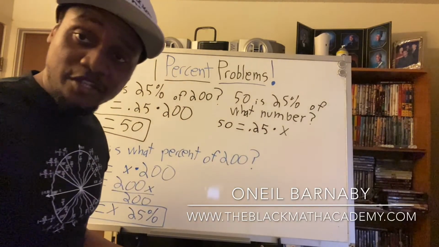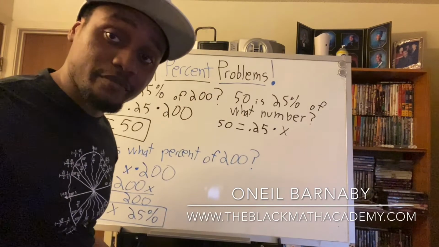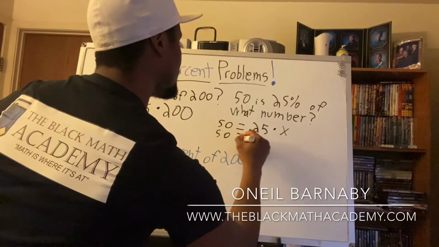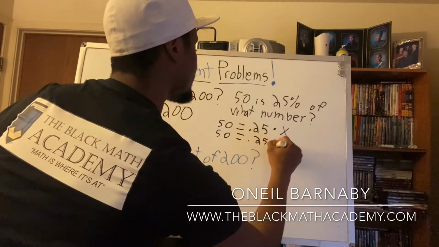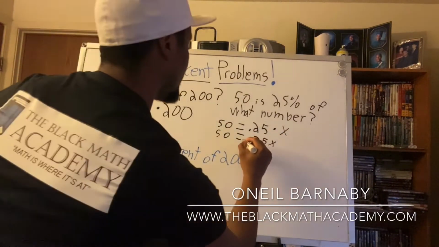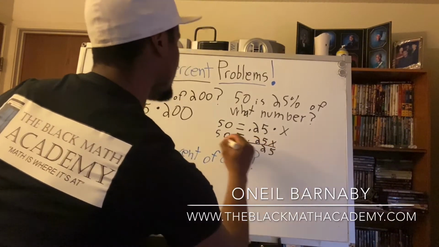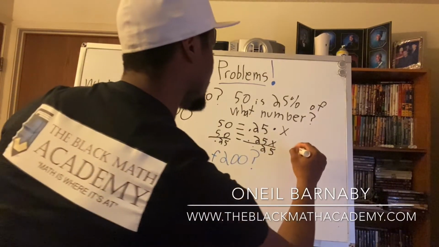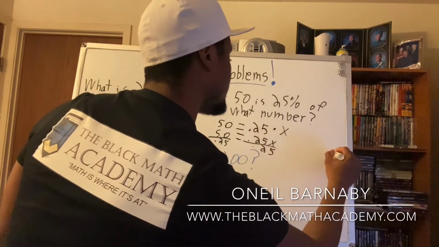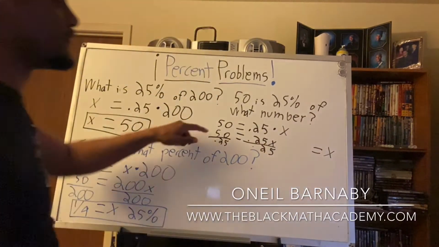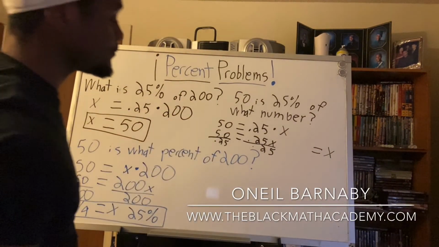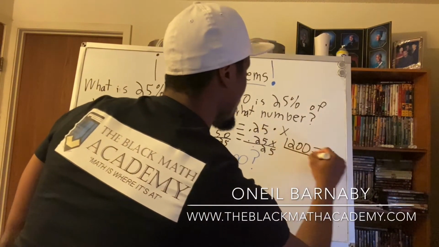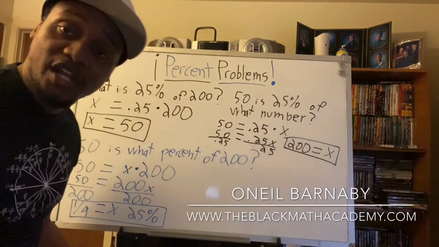It's just another algebraic equation, and you can solve it just like any other. Here you would divide both sides by 0.25. X would be equal to 50 divided by 0.25, which is 200. And there you have it.